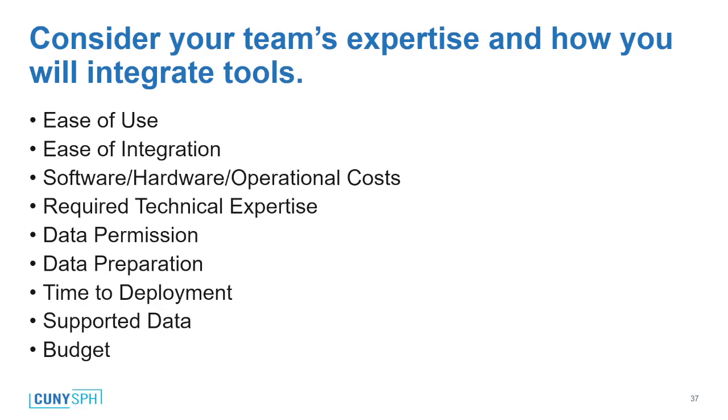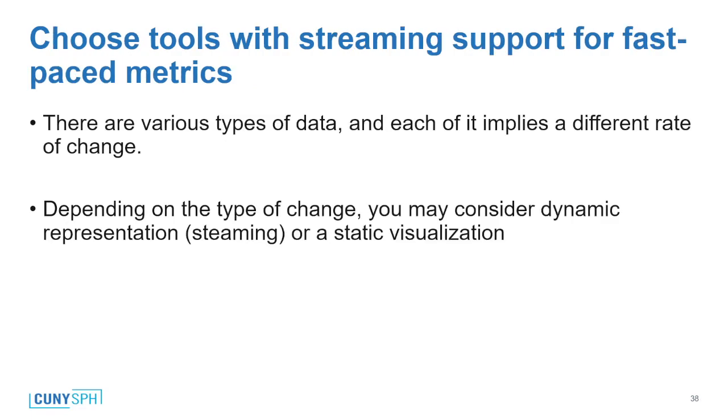We are putting this, but remember that then you need to start doing trade-offs from the beginning. You want to choose tools with streaming support, especially when you have fast-paced metrics. And remember that you don't want to overwhelm the users or the system with a high frequency of data querying when it's not needed.